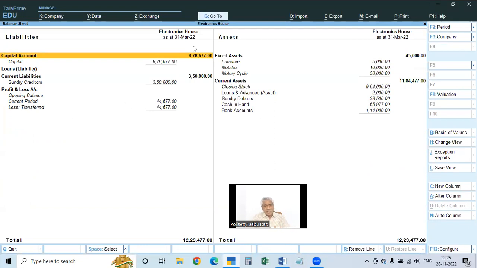If you don't transfer it, it will remain as it is, and the profit will stay separately. Now, if you want to see the ledger account, click that. Similarly, you can see the effect on the capital account after the transfer now.